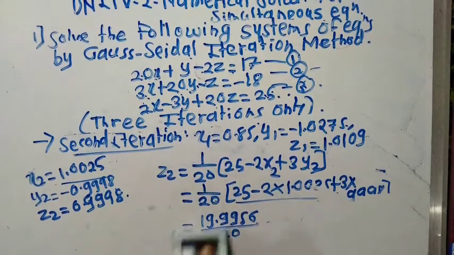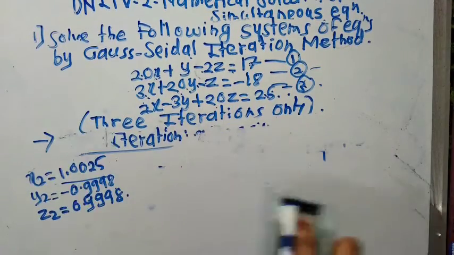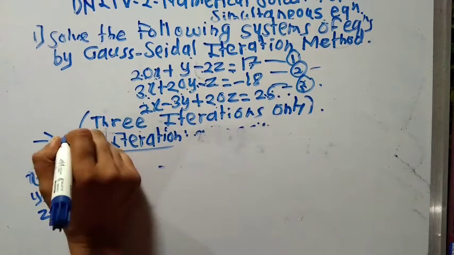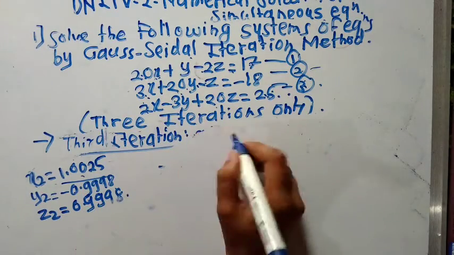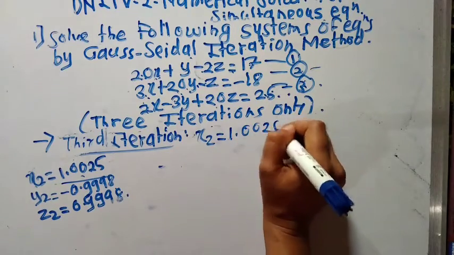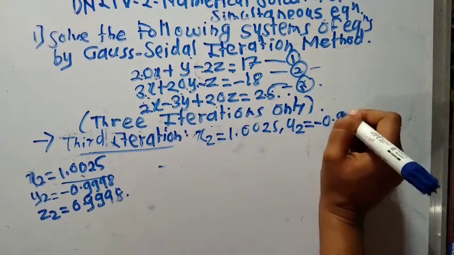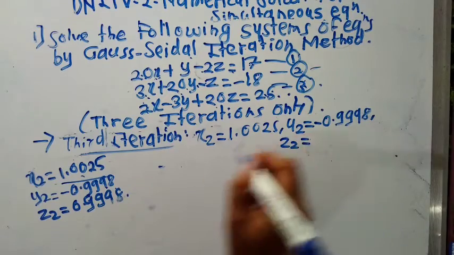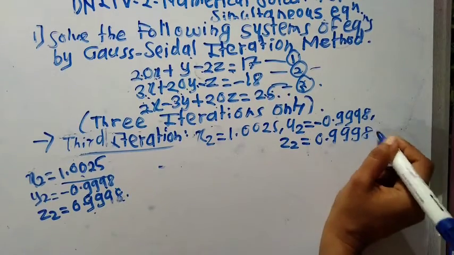Then from this second iteration find out the third iteration. Find out the third iteration by using x2 is equal to 1.0025, y2 is equal to minus 0.9998 and z2 is equal to 0.9998.